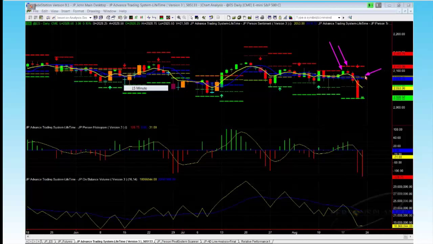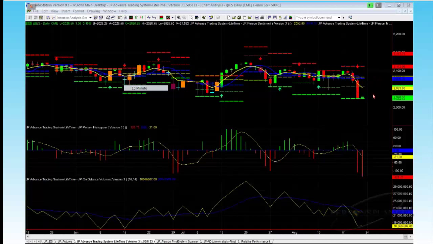We have a blue below gold. So that could mean that maybe the market gets up near resistance. We got Fed day, watch out. We have a weekly bearish outlook.